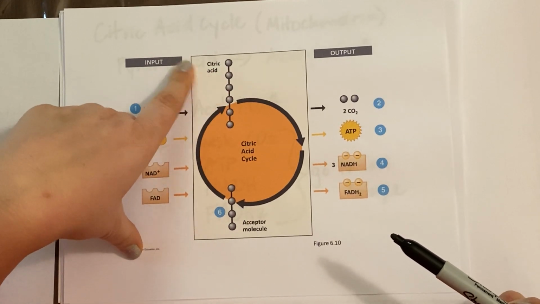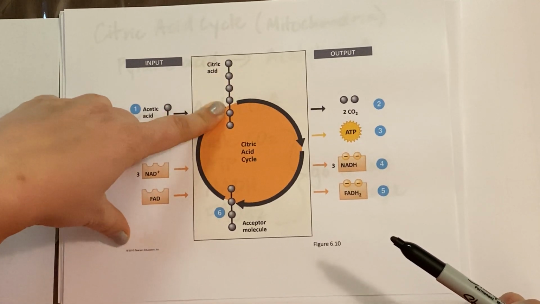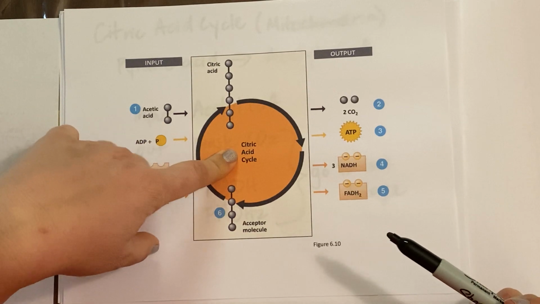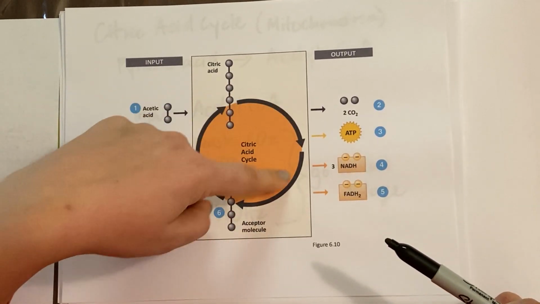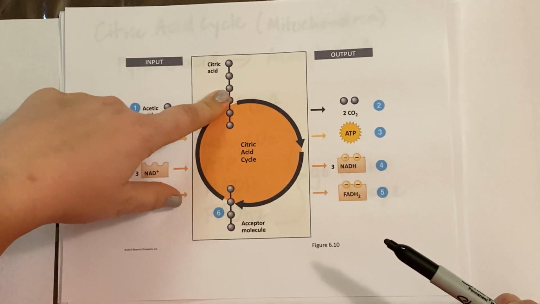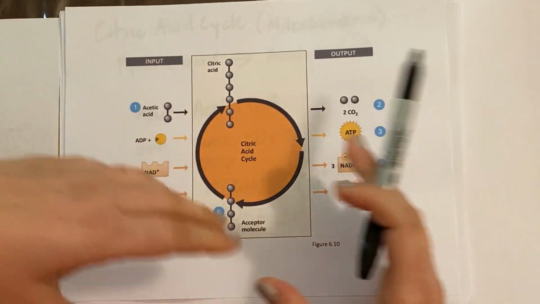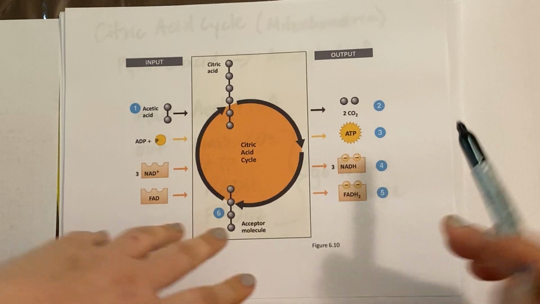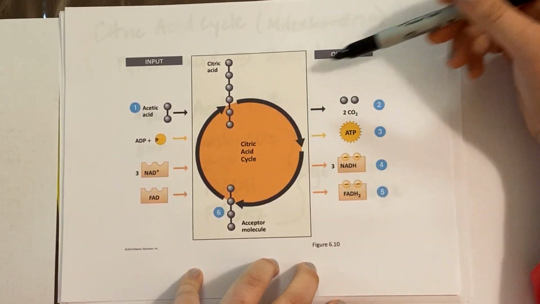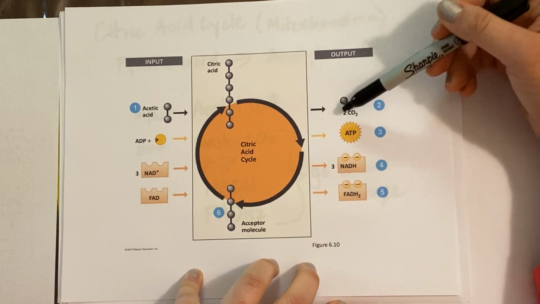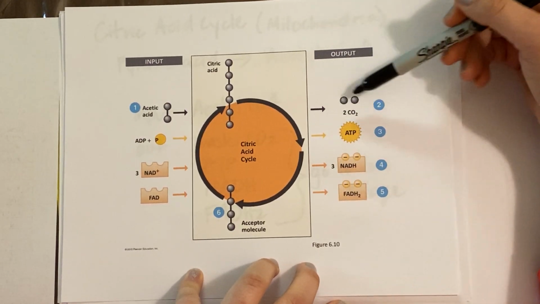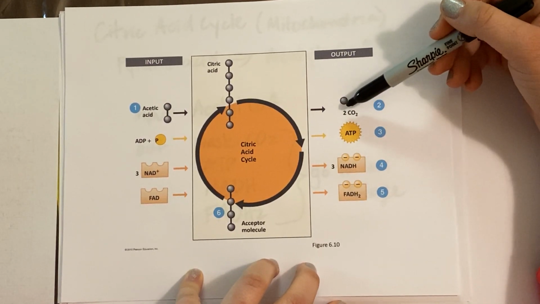Once it's in here, it turns into something called citric acid, which is why we call it the citric acid cycle. There are multiple steps that we go around, but basically you're breaking apart the molecule and attaching it to different things. The main thing I want you to know is the output. You don't need to know the numbers of each of these, but just know that you have carbon dioxide, which is a byproduct.